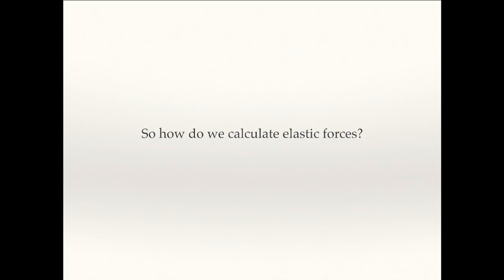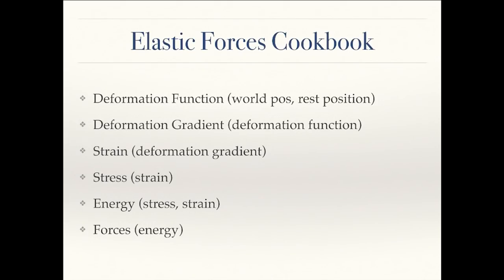So let's back up and think about how we actually calculate elastic forces in our soft body. We first calculate a deformation function, which is dependent on world positions and rest positions. Then we compute a deformation gradient, which is the gradient of our deformation function.